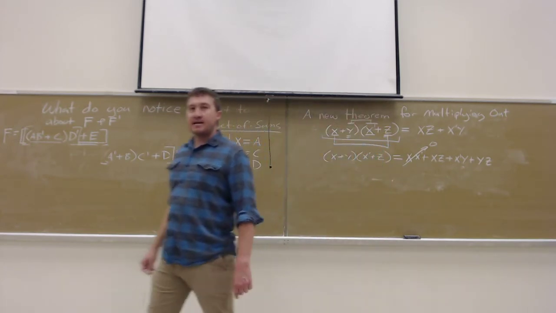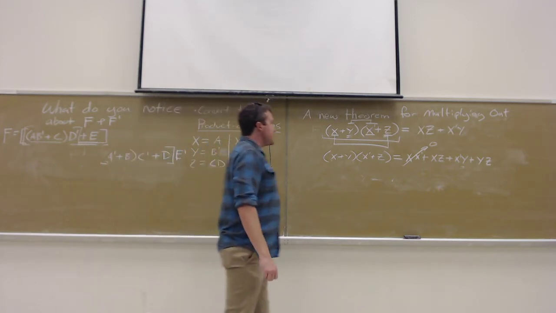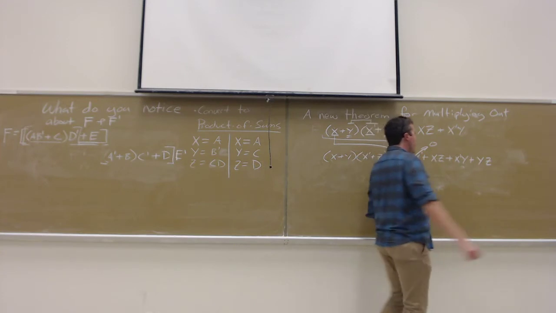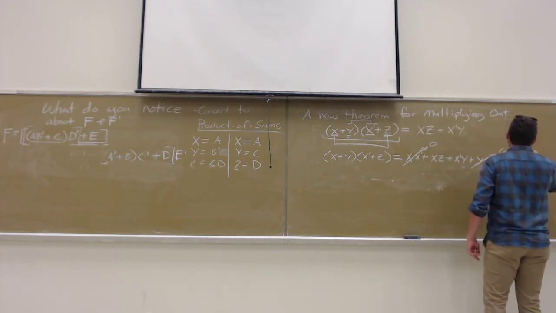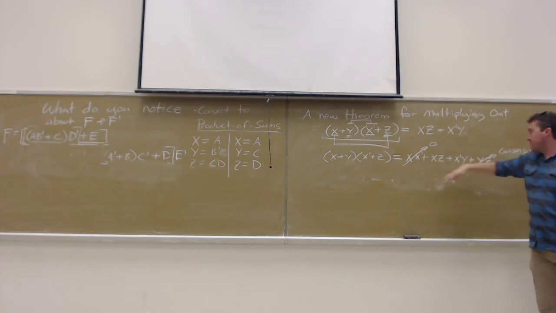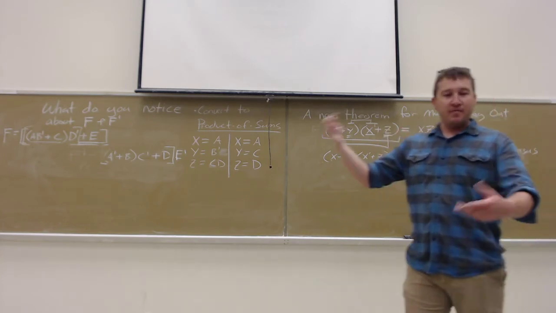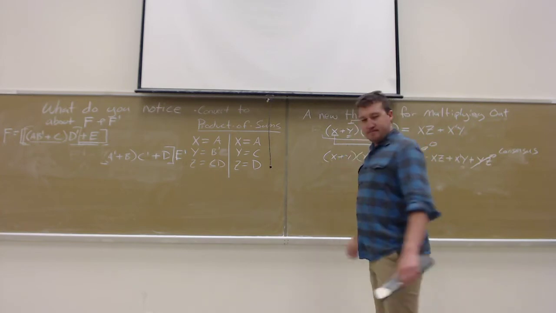What theorem is that? The consensus theorem, right? And when we see the consensus theorem, what term is getting eliminated? Yeah, y and z is gone. So when you FOIL it out, this happens naturally, and then apply the consensus theorem, you get that result. This is one of those cases where this happens a lot, and so they gave us a theorem just to use as a shortcut.